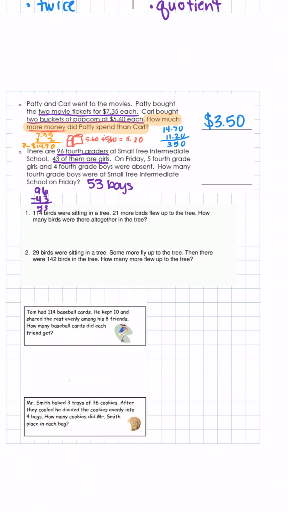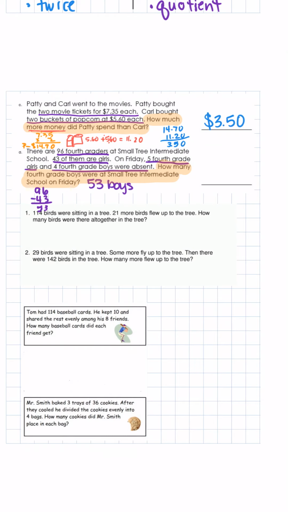On Friday, 5 fourth grade girls and 4 fourth grade boys were absent. How many fourth grade boys were at Small Tree Intermediate School on Friday? Well, that is our question. And really, it's given us more information now than what we really need, because we don't really care about how many girls were missing.